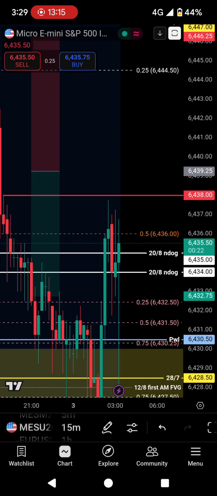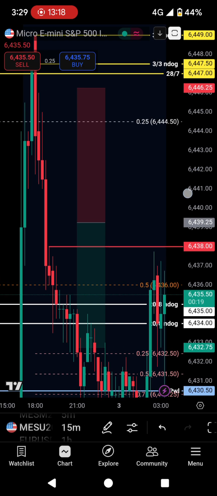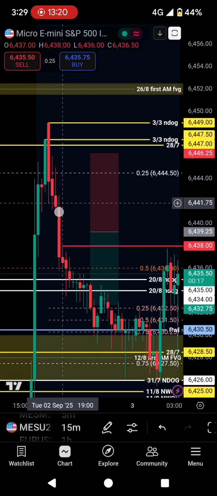Favoring downside definitely, but we gotta wait for this buy side to be cleared here first. Stop loss here, as you can see, balanced price range.